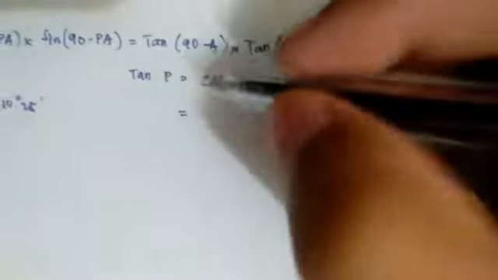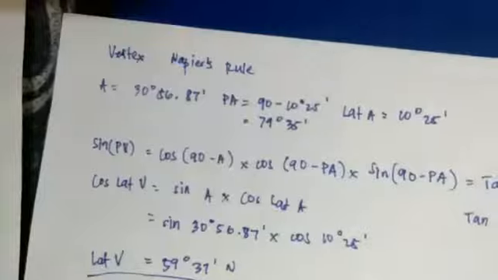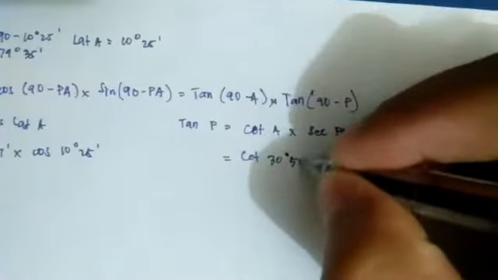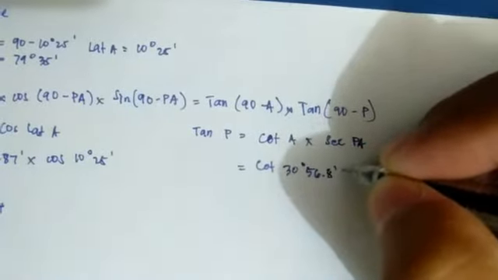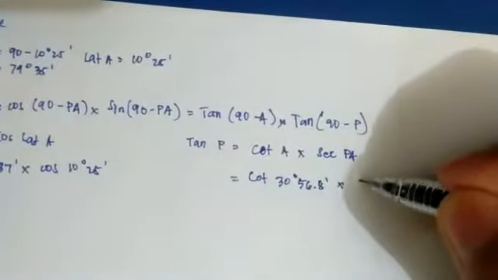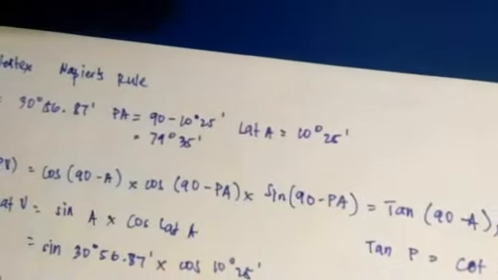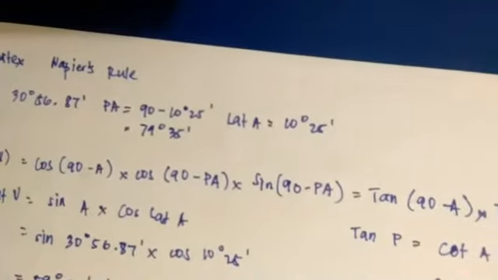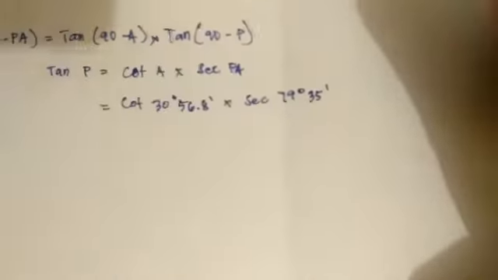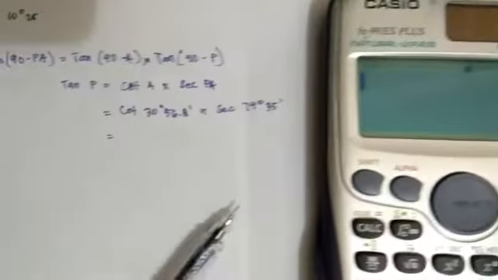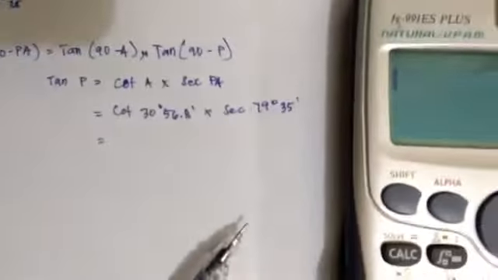So we have cotangent A, which is 30 degrees 56.87 minutes times secant PA, which is 79 degrees and 35 minutes. In order to get the cotangent and the secant, we need to reverse it.